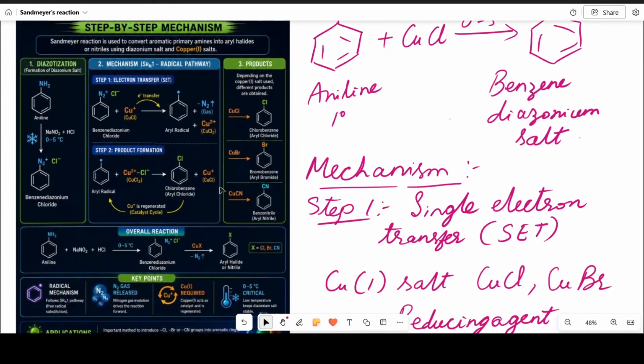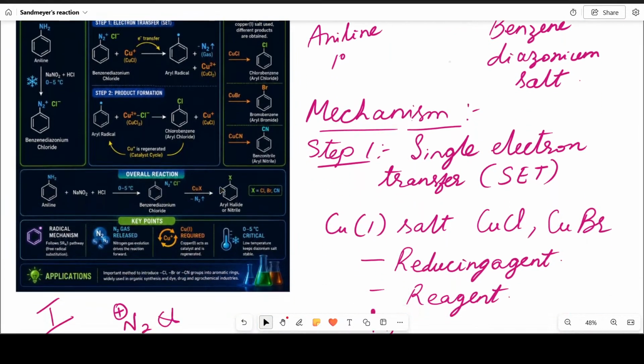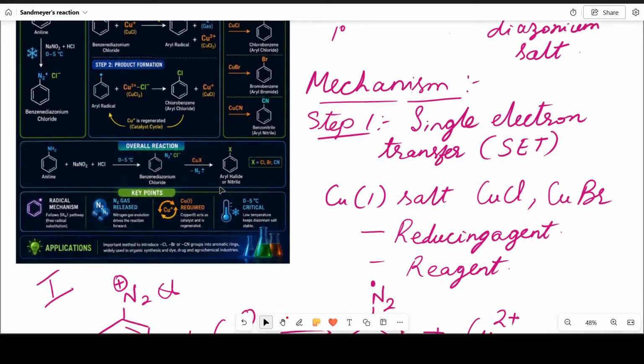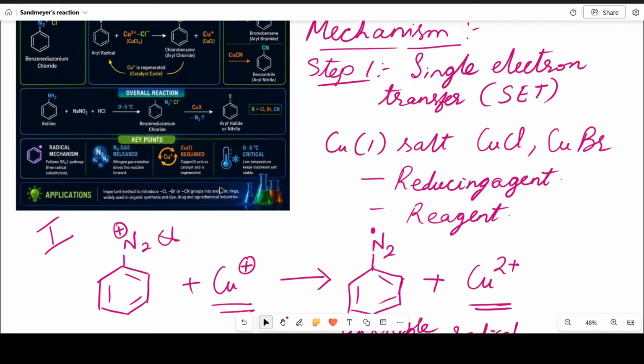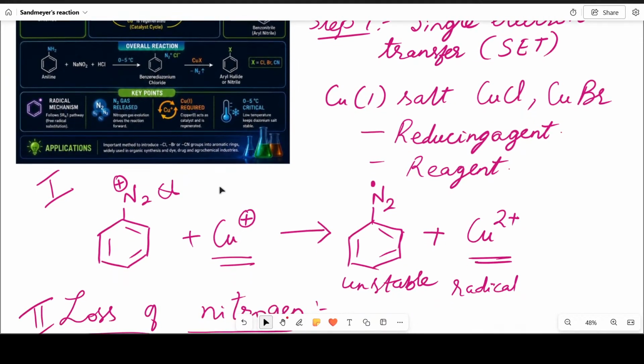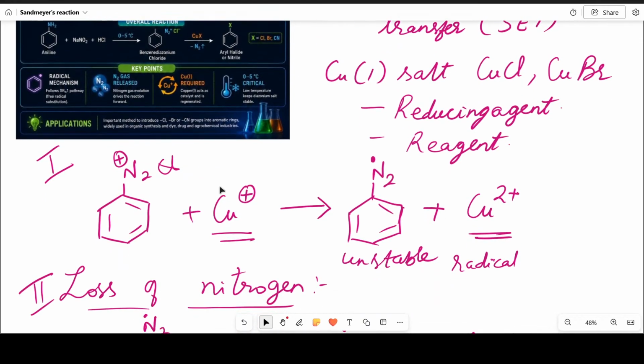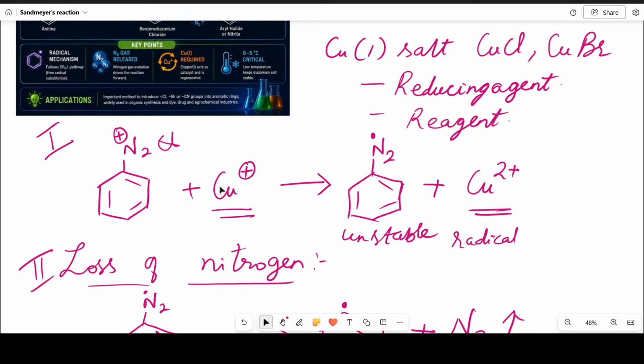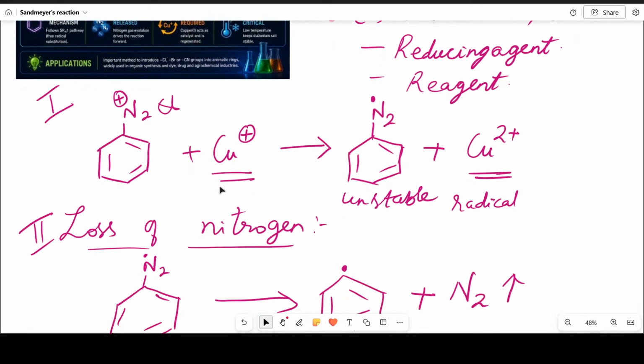Then the mechanism of Sandmeyer's reaction. Step 1 is the single electron transfer method, where an unstable radical is generated.